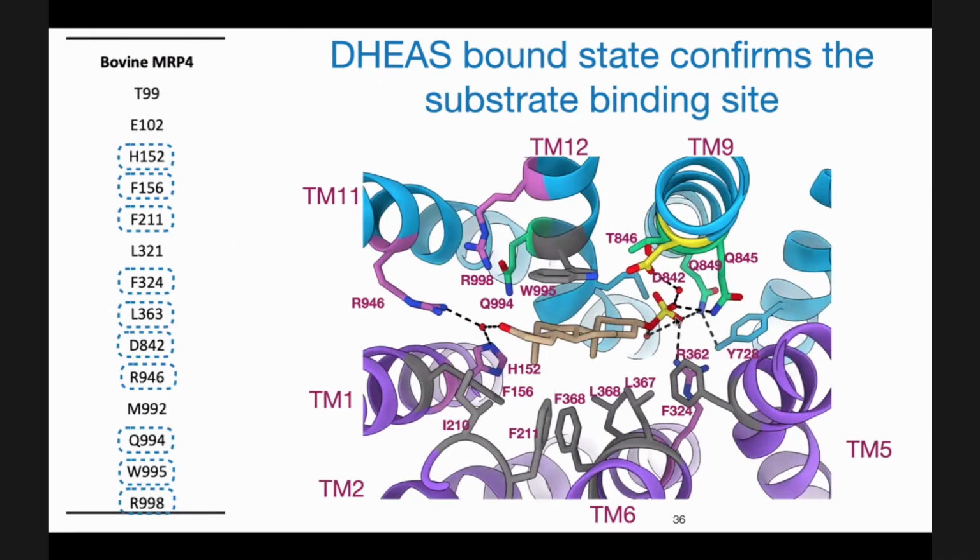And again, here the sulfate group is also bound by water bridges and the positively charged residues like R362 or glutamines 849 or 845, and Y70, Y2728. So this is how the substrate is bound in MRP4.